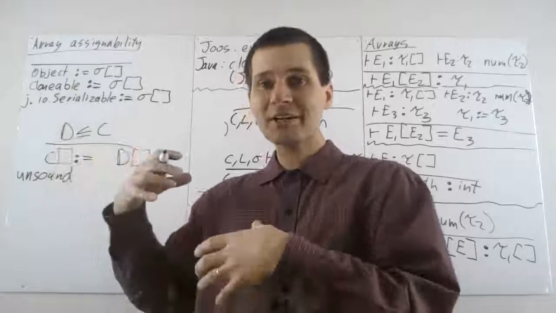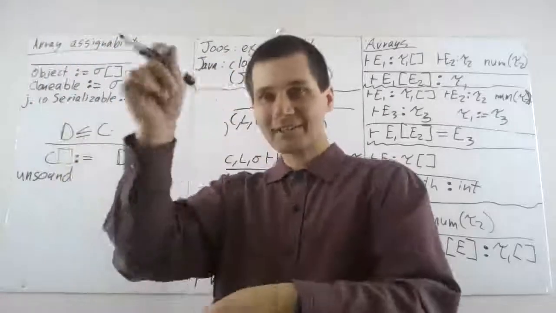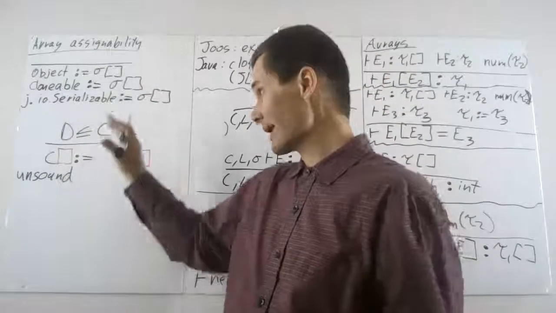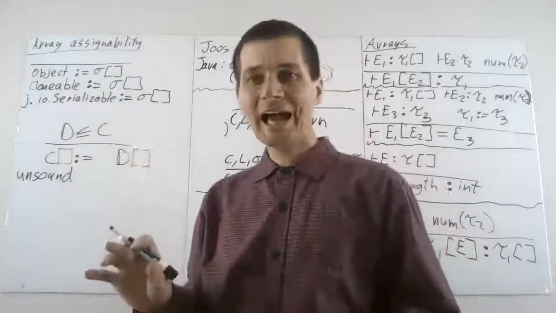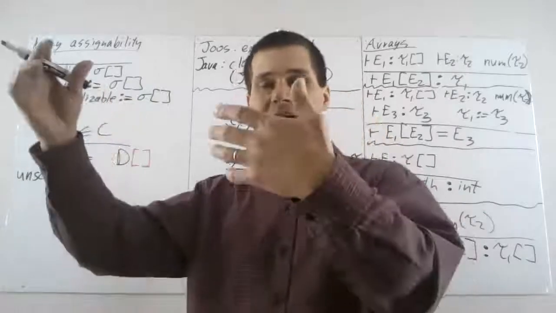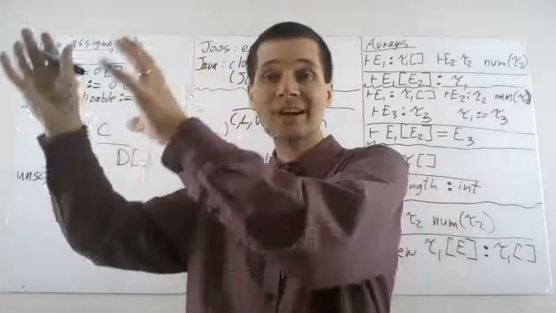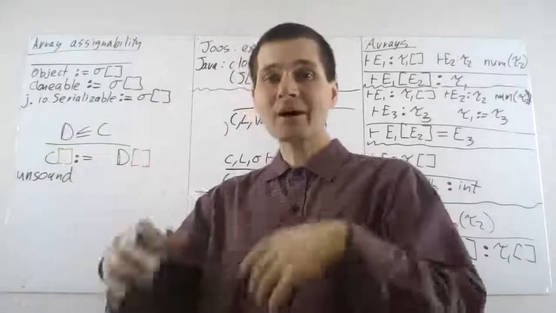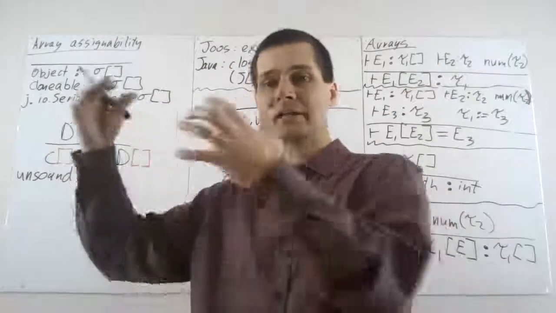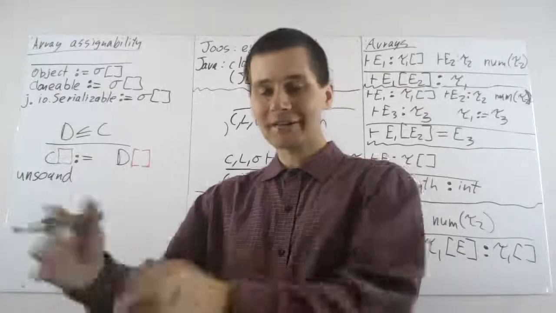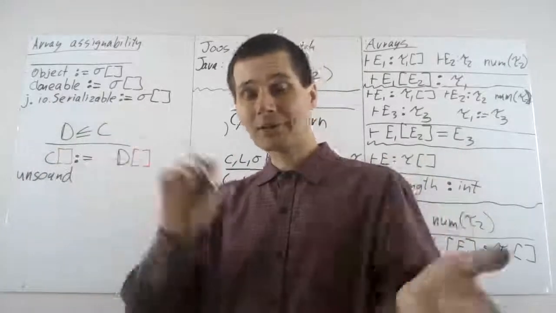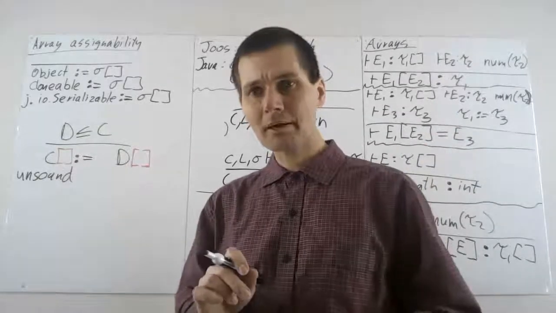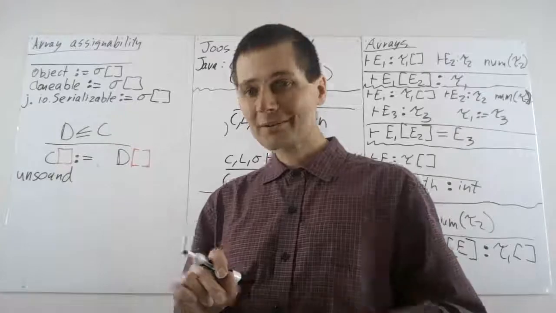You can create an apple object, say new apple, and do some tricks with arrays and with this rule, and get that object whose dynamic type is apple into a variable whose static type is orange. I'm assuming apple and orange are not subtypes of each other. They're incomparable. So it's unsound.